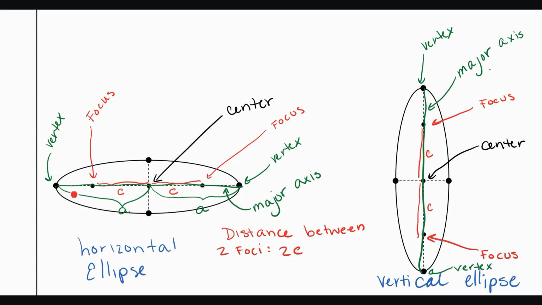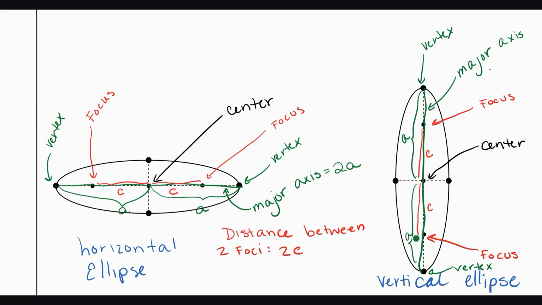That's why above we said the length of the major axis is A here plus another A here, so the length is 2A. Whichever one is bigger, under your X or your Y, you go out horizontally or vertically by A from the center on each side to get your vertices.